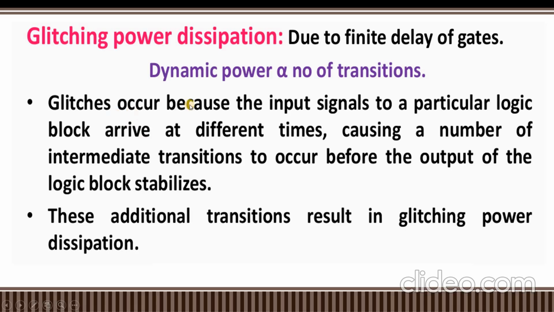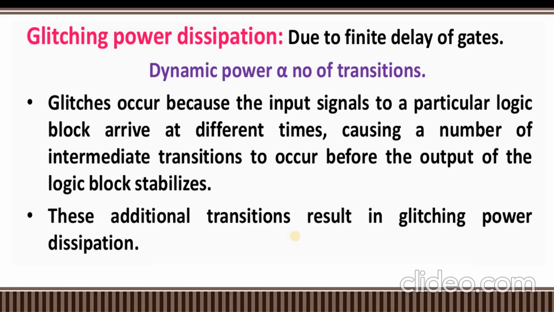Glitches occur because input signals to a particular logic block arrive at different times, causing a number of intermediate transitions to occur before the output of the logic block stabilizes. These transitions result in glitching power dissipation.